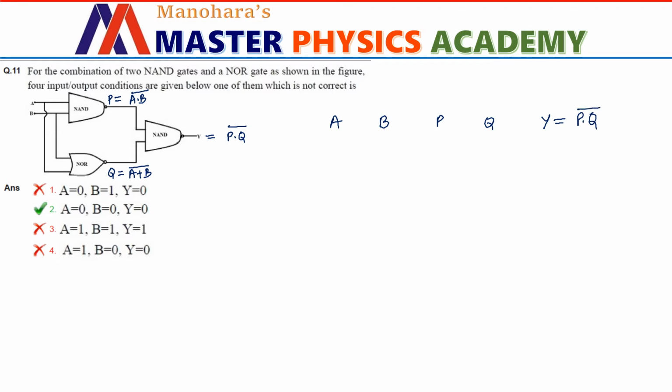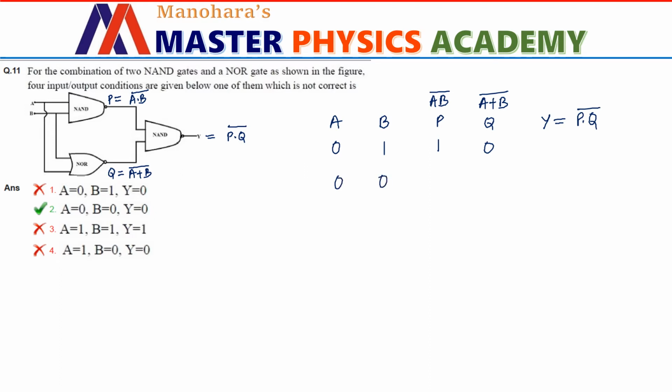So first input is A is 0, B is 1. P is going to be (A into B) whole bar, Q is going to be (A plus B) whole bar, right? So what is (A into B) whole bar? 0 into 1 is 0, 0 bar is 1, and 0 plus 1 is 1, 1 bar is 0. Now the second input is 0, 0.